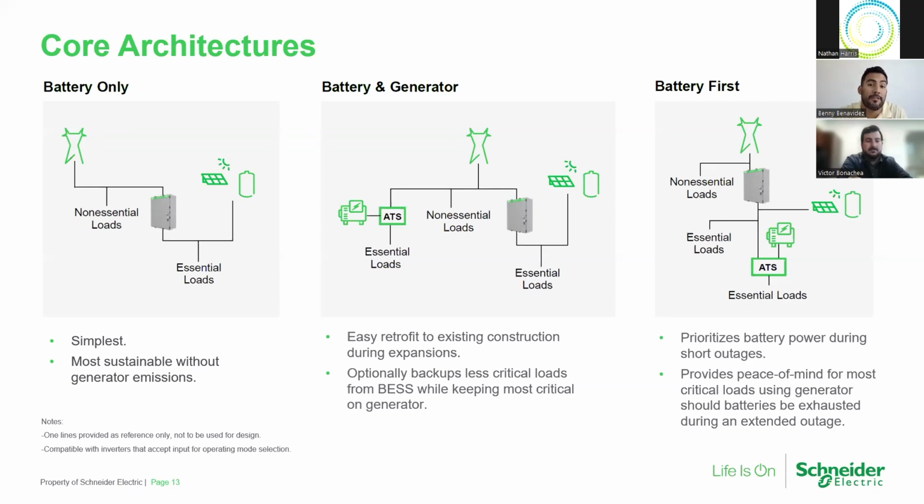So this is almost like a battery first scenario where you lose power, your energy storage system comes online first. So those ATSs will detect a momentary outage, stay connected to source one. If for whatever reason that battery energy storage system hits a low reserve, then the ATSs will detect there's been a true failure. They will switch from source one to source two, basically allowing that generator to act as the secondary emergency power source.